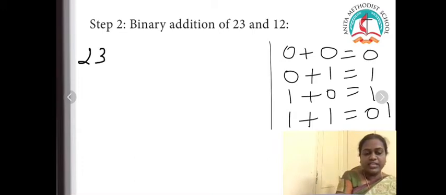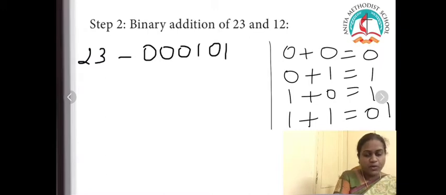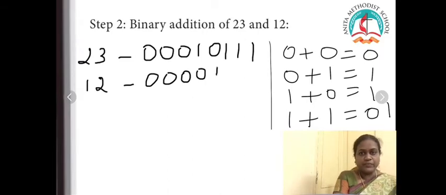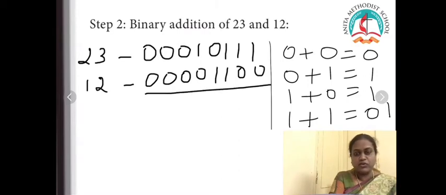So for 23, the value will be 0, 0, 0, 1, 0, 1, 1, 1. For 12, the value will be 0, 0, 0, 0, 1, 1, 0, 0.